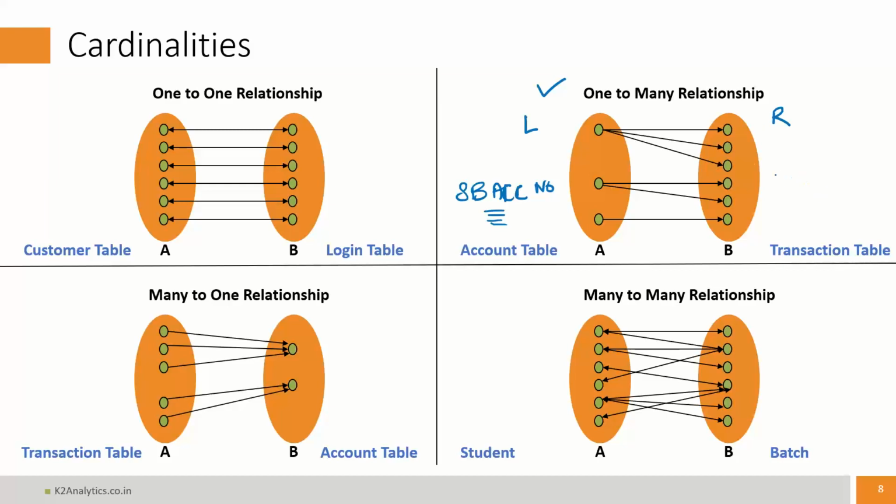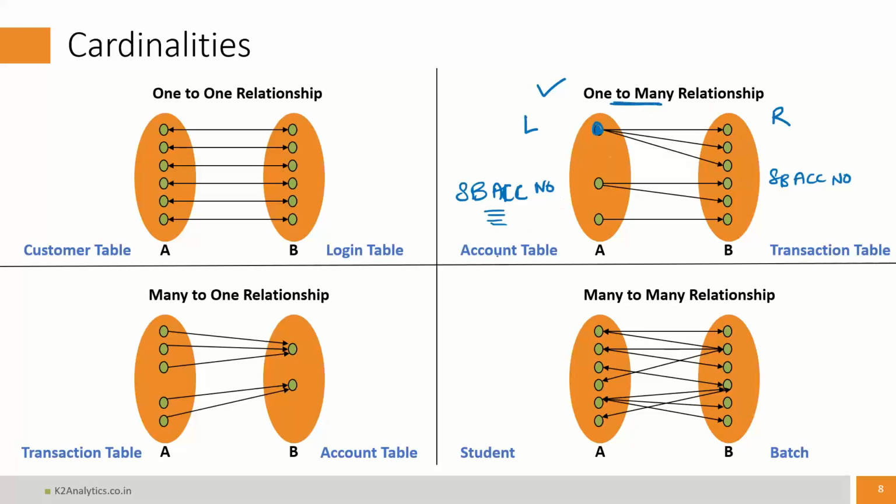So whenever a transaction happens, it will have to have a savings account number corresponding to which the transaction is happening. And a given customer can do many transactions. So if you join an account table with a transaction table, you will have one customer having many transactions. This type of join is called one-to-many.